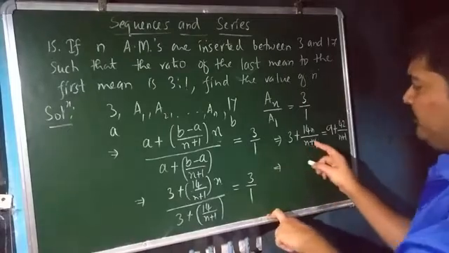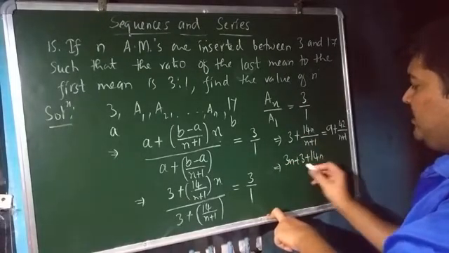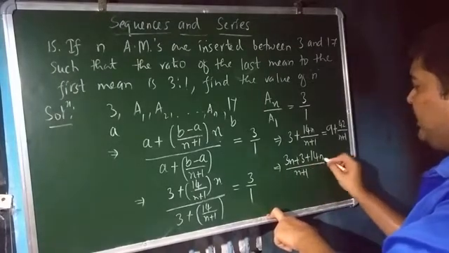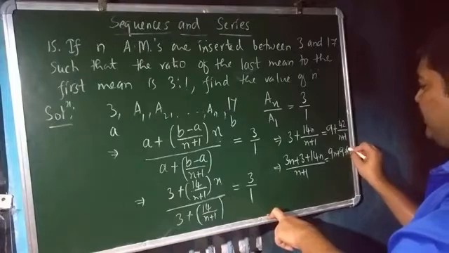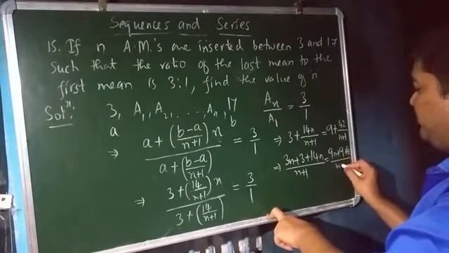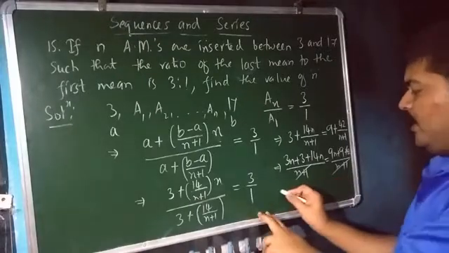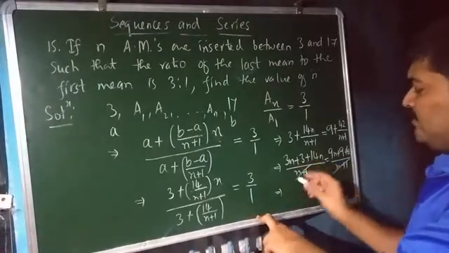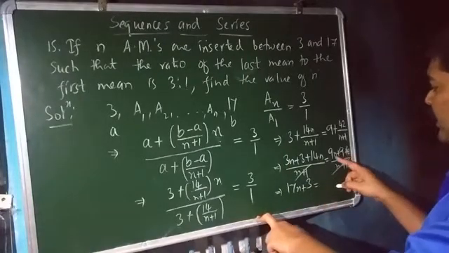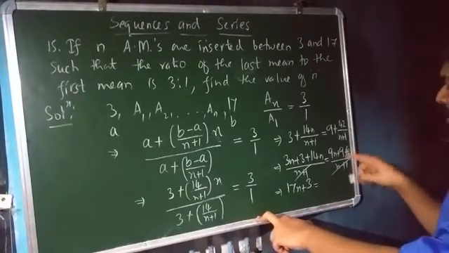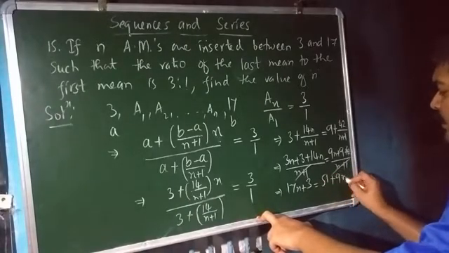You are left with 3n plus 3 plus 14n, whole divided by n plus 1, equal to 9n plus 9 plus 42 divided by n plus 1. Now see here, n plus 1 will get cancelled. What are you left with? 14 plus 3, that is 17n plus 3, is equal to 42 plus 9, that is 51 plus 9n, isn't it?